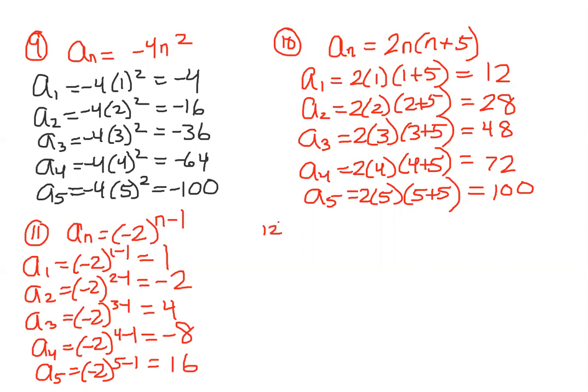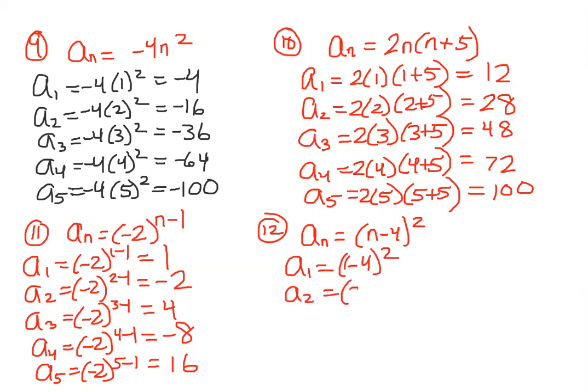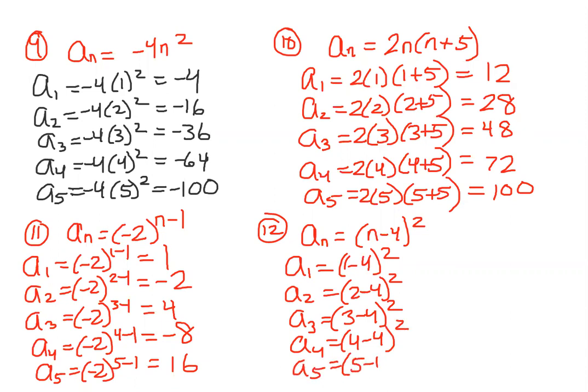And the last one here, number 12, we've got an equals n minus 4 squared. So we have 1 minus 4 squared, 2 minus 4 squared, 3 minus 4 squared, 4 minus 4 squared, that's an easy one, and 5 minus 4 squared.